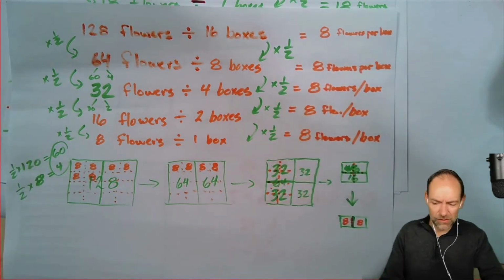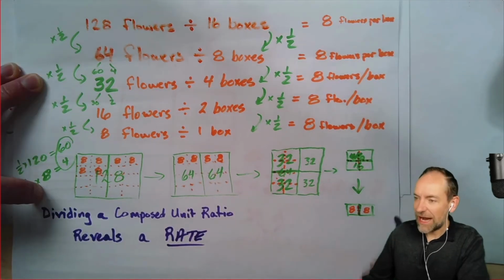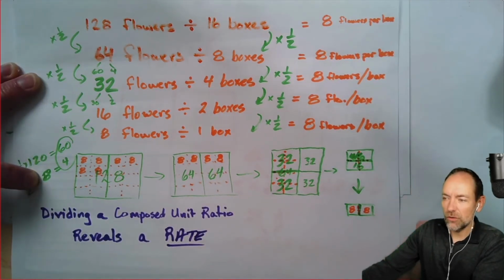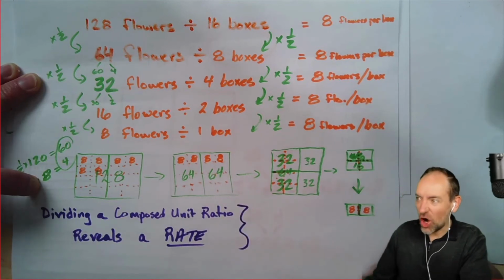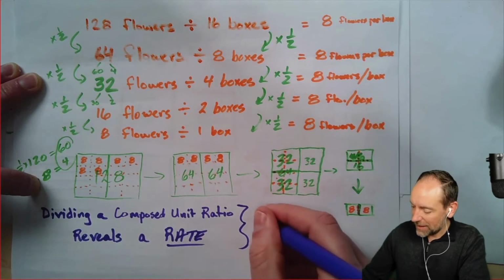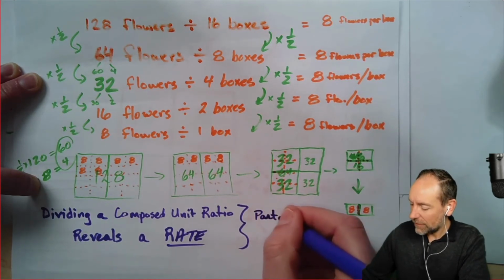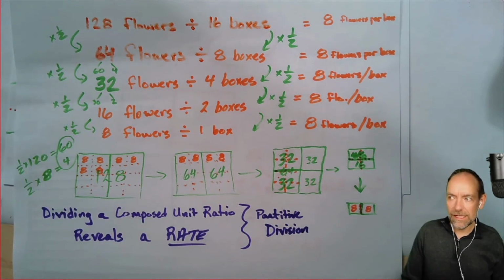I thought you did, but I just want to be sure. What do we call that thing? So dividing a composed unit ratio reveals a rate. And you also mentioned that when we do this, it's always partitive division.